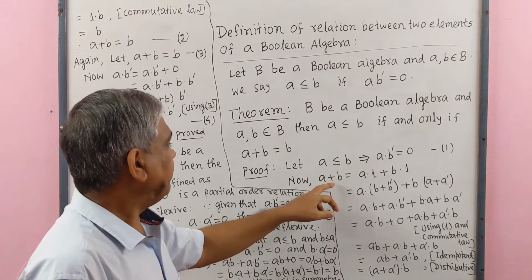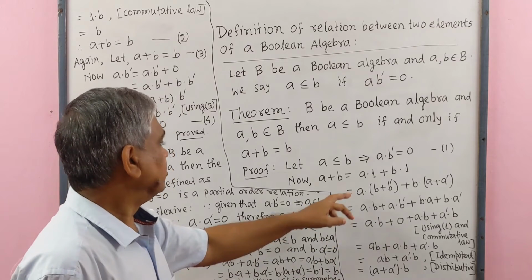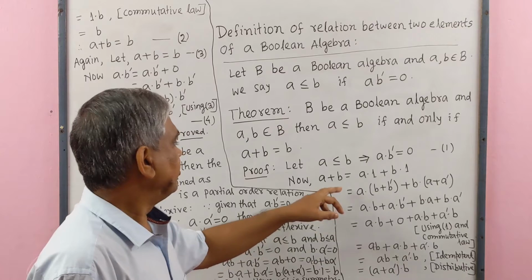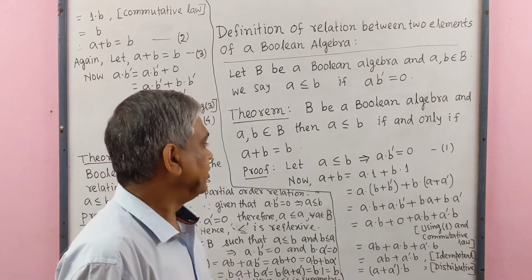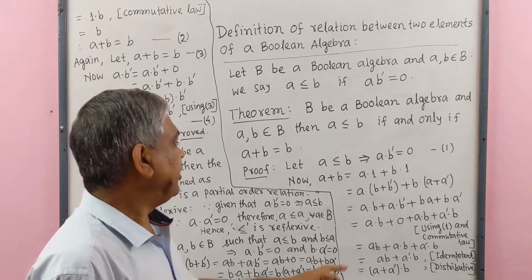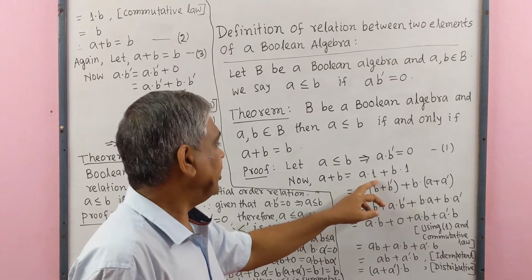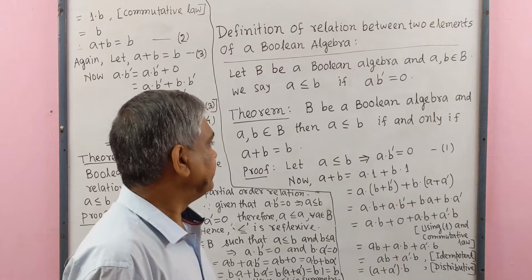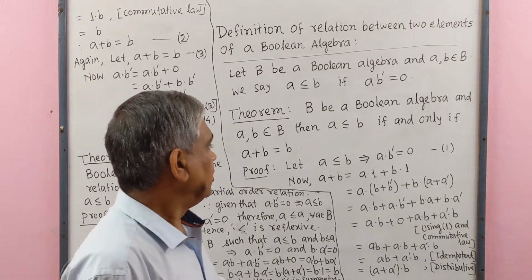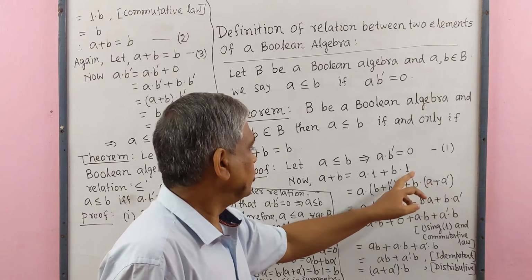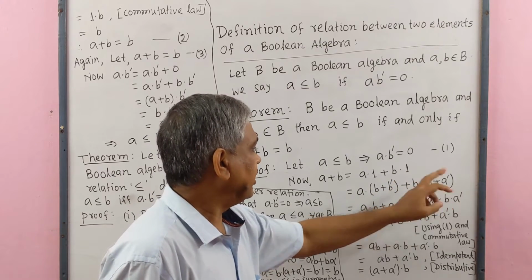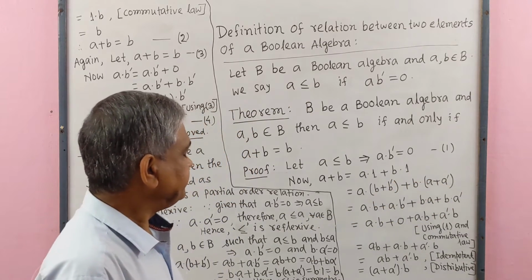Now a plus b equals a means a dot 1 plus b means b dot 1. By complement law we may write 1 equal to b plus b prime, and here also 1 equal to a plus a prime, complement of a.